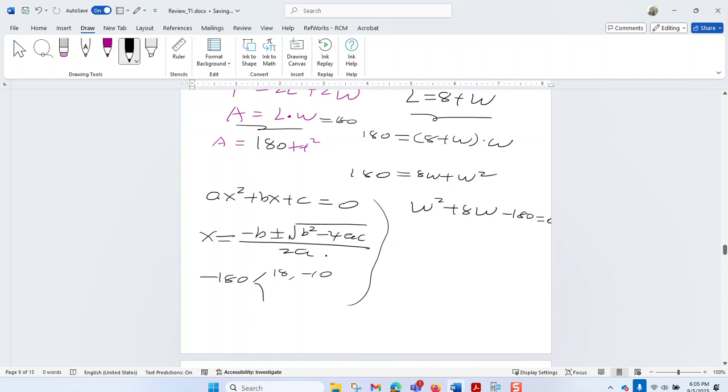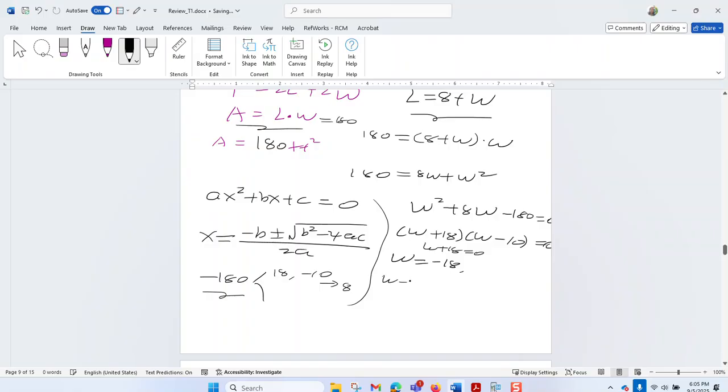So we're going to factor: W plus 18, W minus 10. Okay, we factor negative 180 into positive and negative. Multiplied will be negative 180, right? And then these two added together is 8. All right, so W equals negative 18, because W plus 18 equals 0, right? And then W minus 10 equals 0. W will be equal to 10.